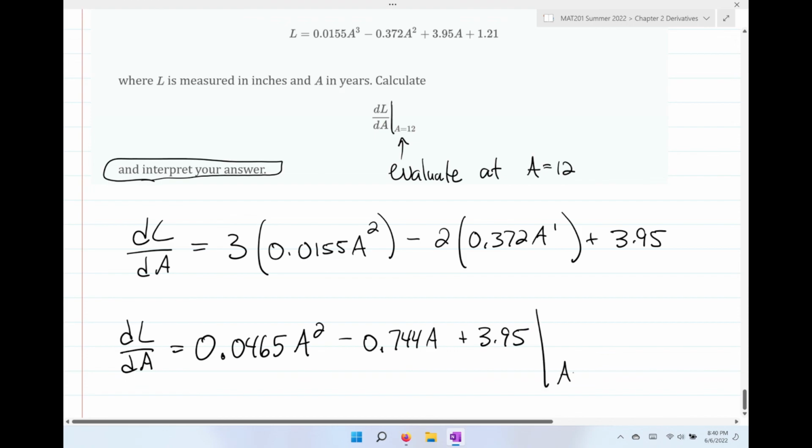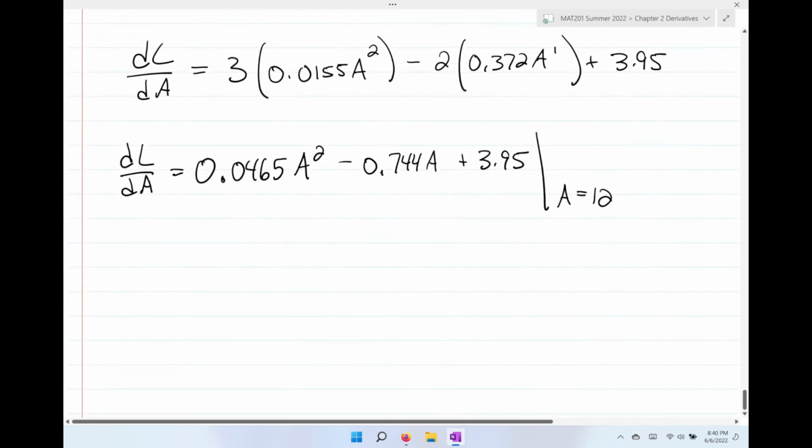And we want to evaluate this when A equals 12. So all we have to do is substitute 12 in for A and simplify. I'm just going to pause this real quick and do it on my calculator.